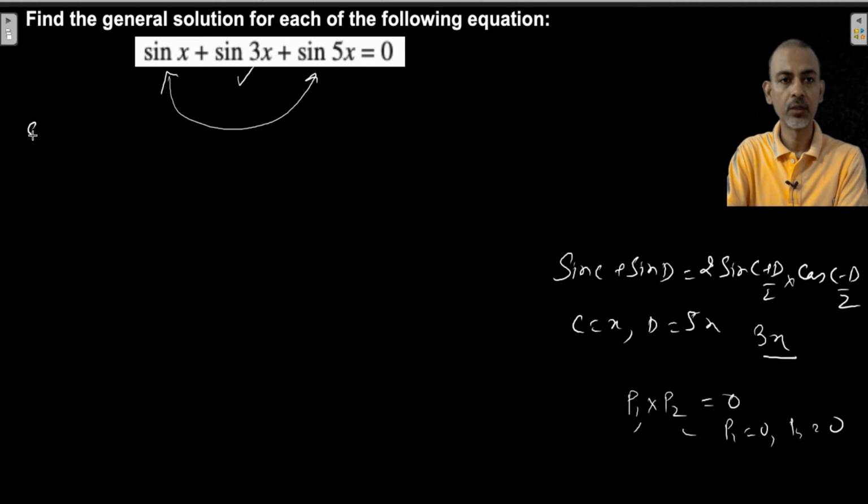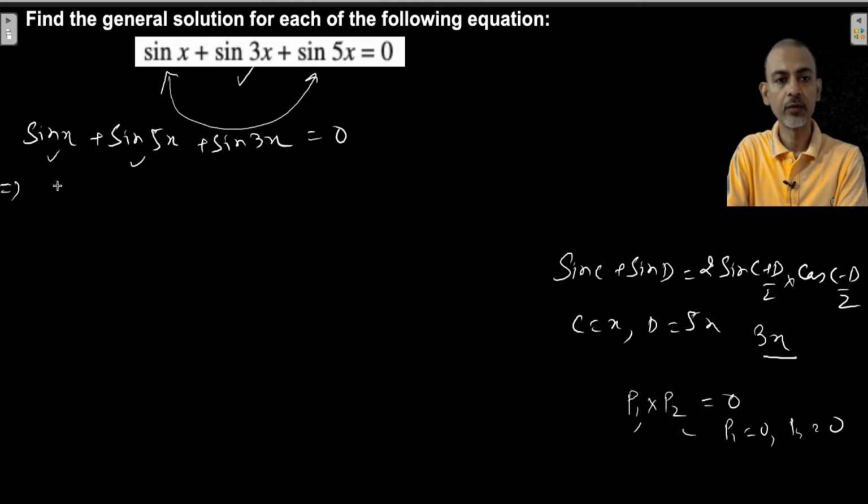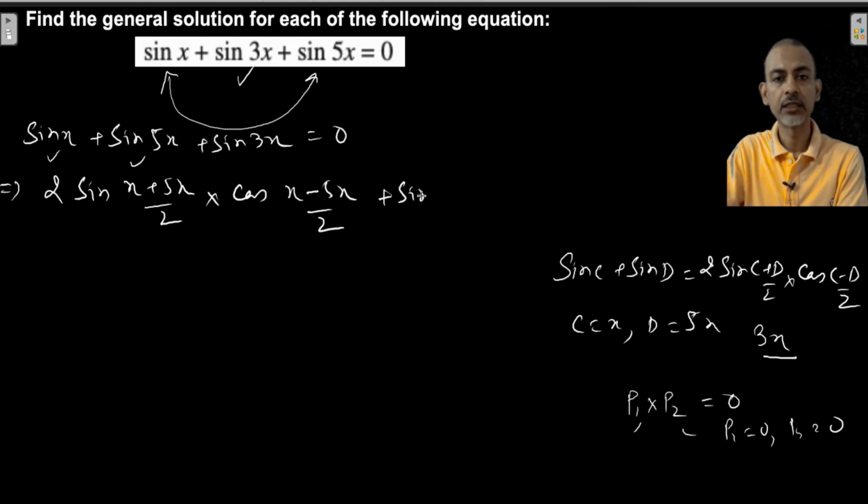We'll put sin x plus sin 5x together, and keep sin 3x separately, and this is equal to 0. Now sin c plus sin d, we'll put as 2 into sin of (c plus d) by 2 into cos of (c minus d) by 2, alright? And sin 3x remains as sin 3x.